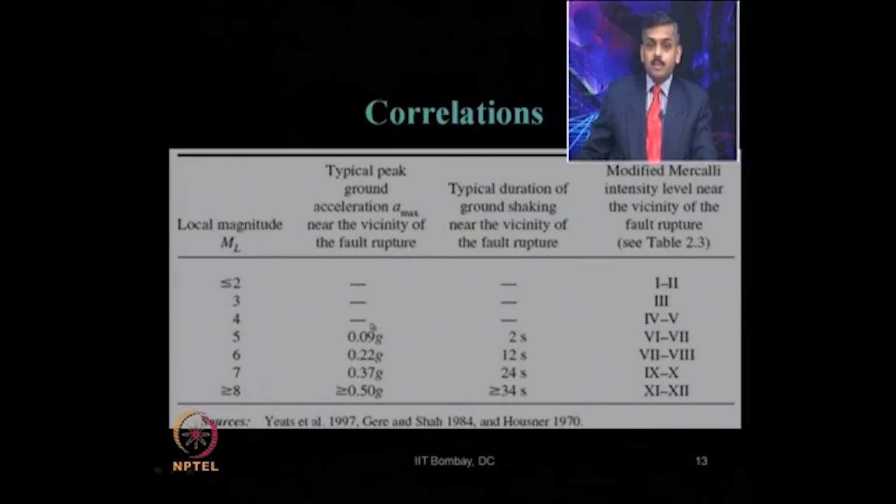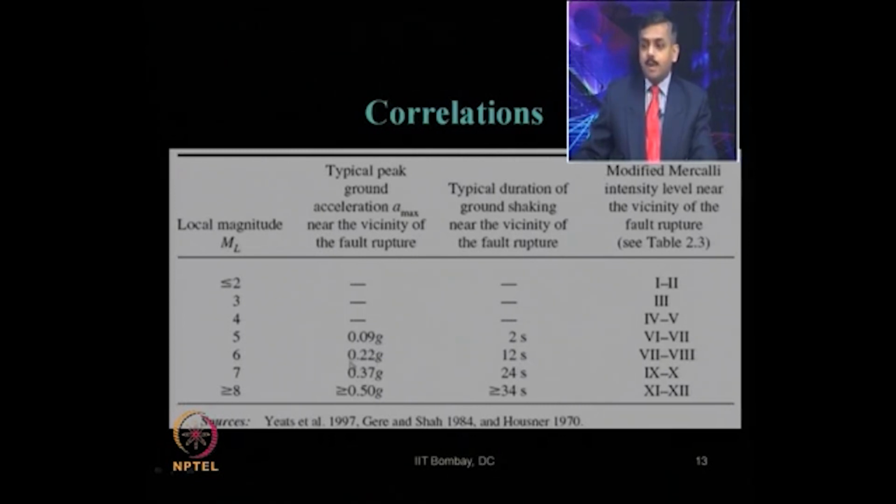So, never use them as exact values; you can use them just as a guideline to understand the range of your Amax. Then you can use sophisticated techniques to calculate the exact value of Amax and the duration for a particular earthquake, and that should fall in this typical range. That is what it is, a cross check.